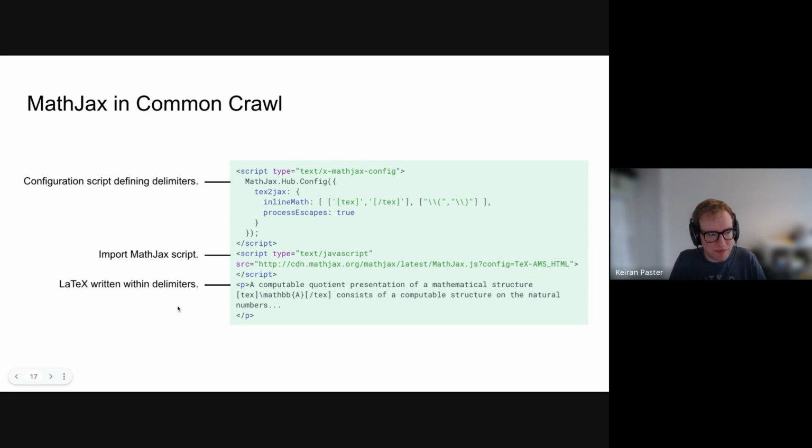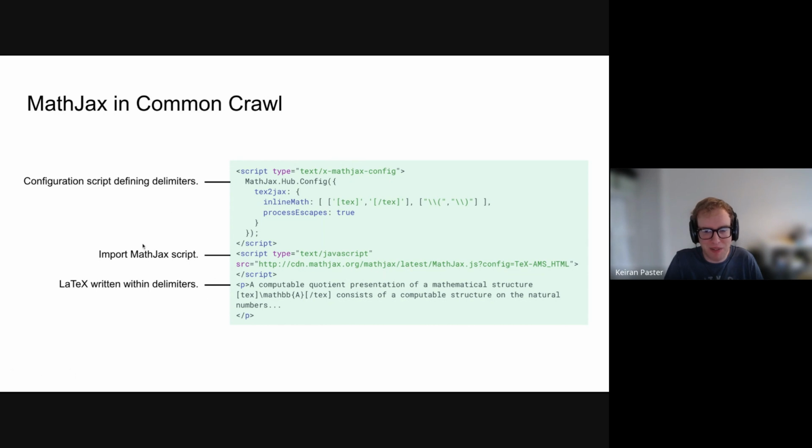What we quickly realized is that in Minerva, these scripts were already run before they did their processing, but in Common Crawl, they didn't run the scripts. And there's a bunch of technical problems too, where sometimes they might not import MathJax from this URL.